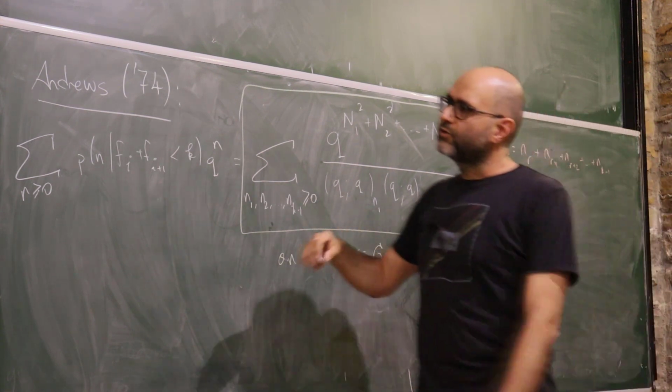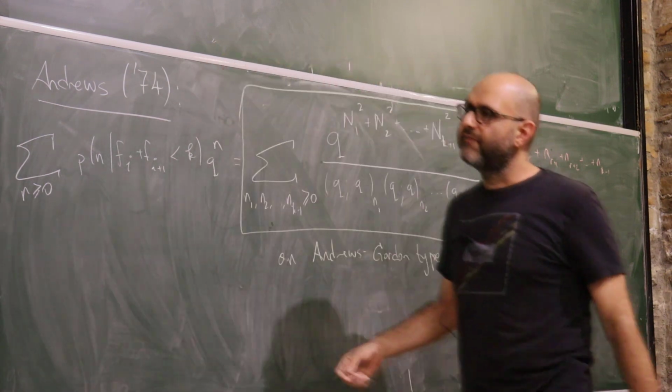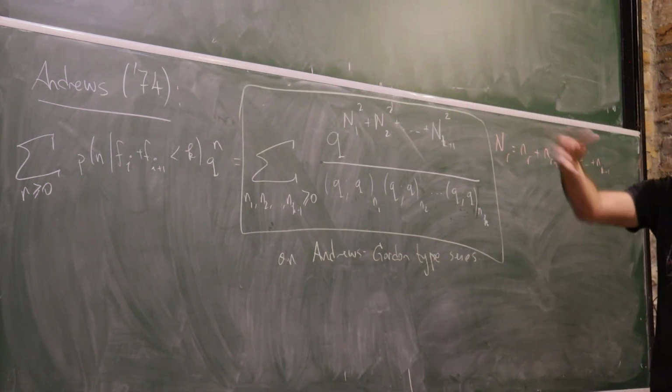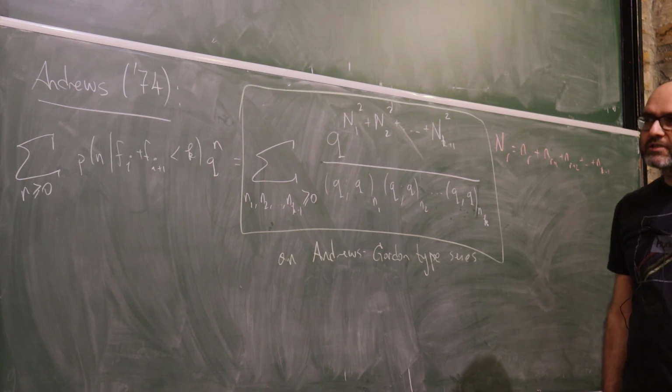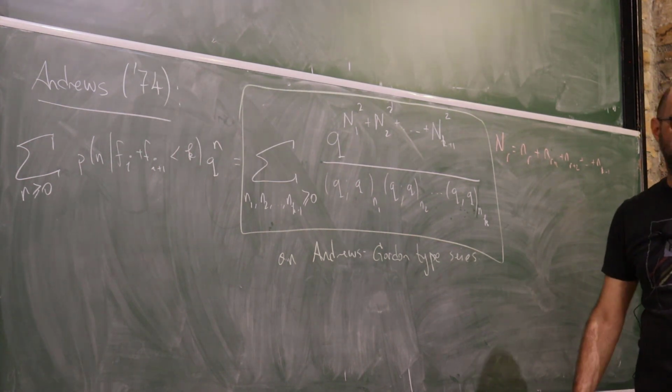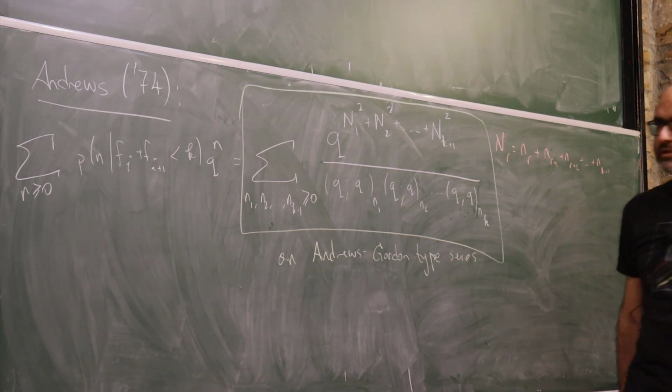And this series equaling the infinite product generating functions, that's the companion to the Ramanujan-Gordon theorem, and that one is called the Q series identities, called Andrews-Gordon identities.